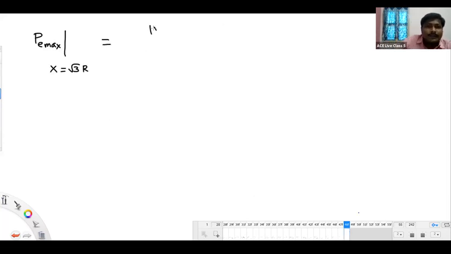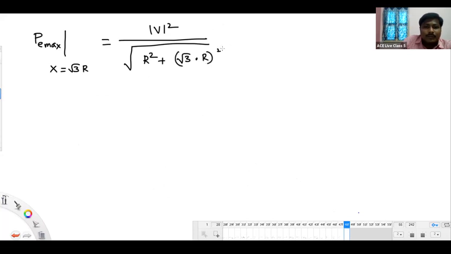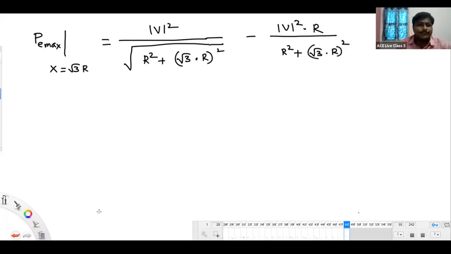Mod v square by square root of r square plus x square, meaning root 3 into r whole square, minus mod v square into r by r square plus x square, meaning root 3 into r whole square. Like this. Simple.